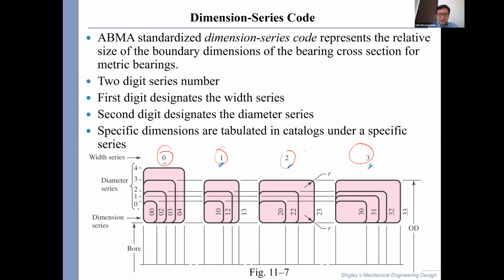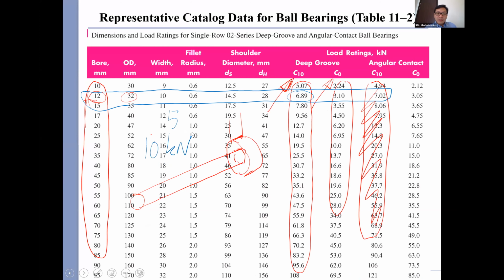And there is the dimension series. There is the diameter series. So your bearing code will be a combination of this, and the first digit designates the width, second digit designates the diameter, and so forth. Just in case you're wondering why it's always specified that way.